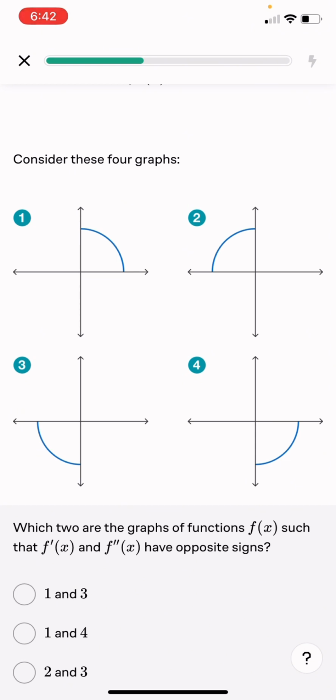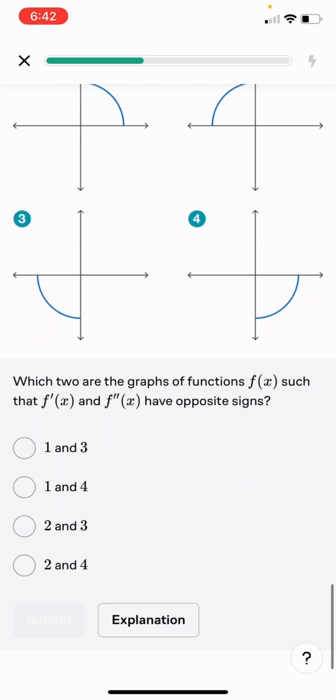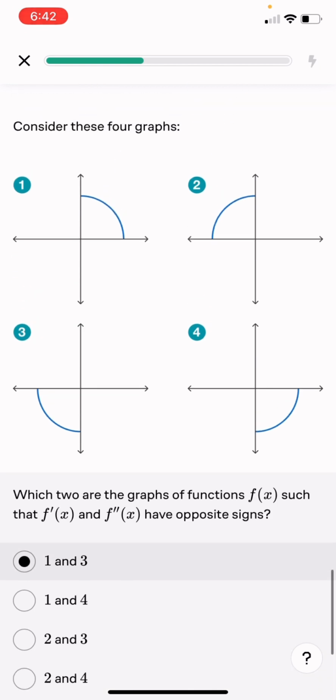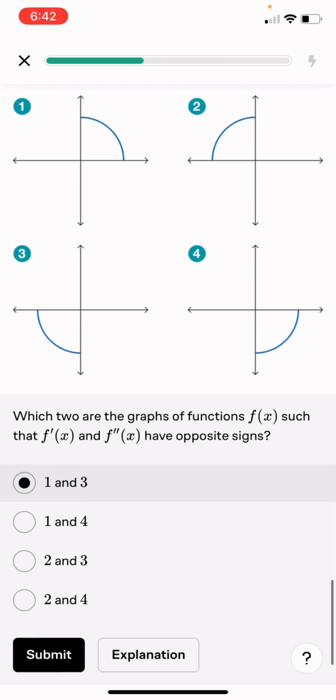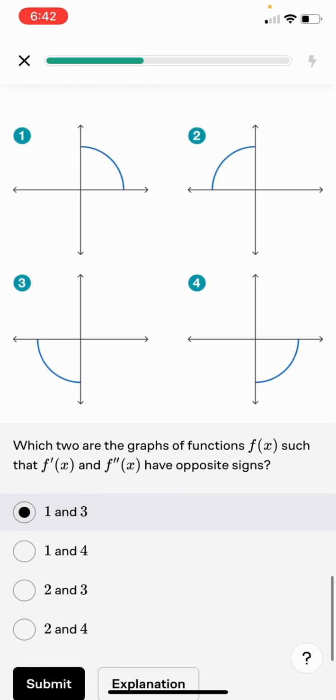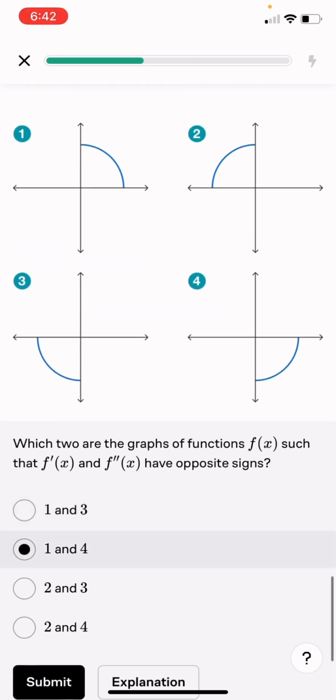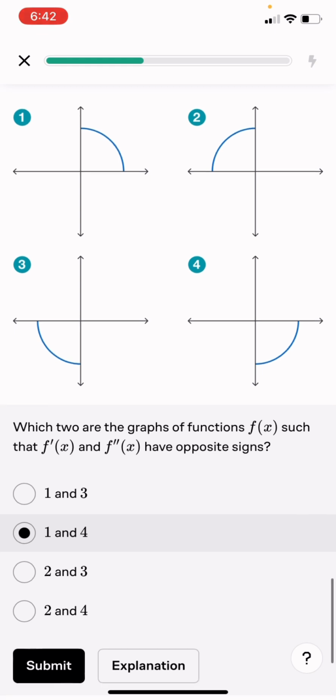One and 3. I'm gonna think about 1 and 3, 1 and 4. Actually, probably not 1 and 3. I don't think they even meet. 2 and 3. 2 and 4.